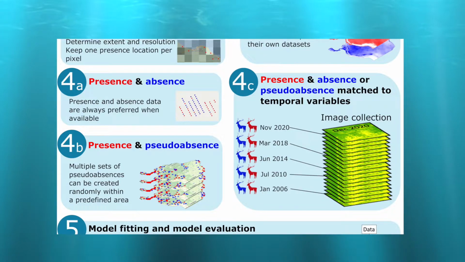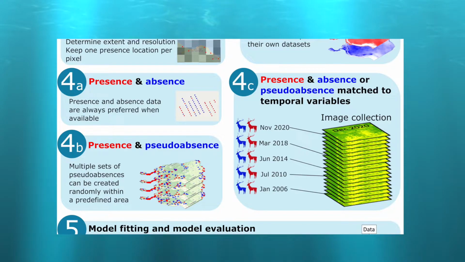Then there are different variations, where I think Earth Engine can be super powerful. For example, when we want to match the date of our data, our presences and pseudo-absences, to the date in which the images were collected.